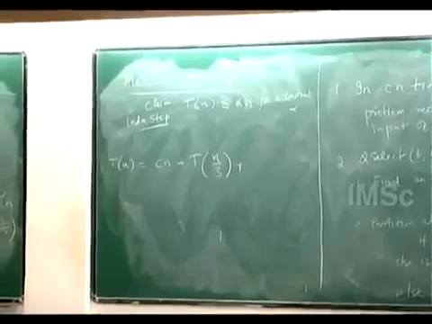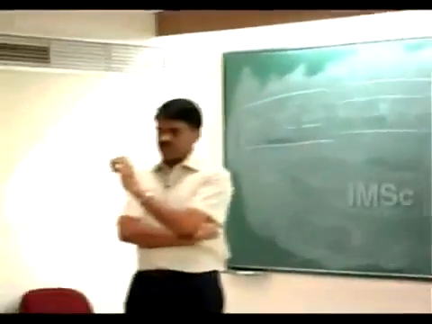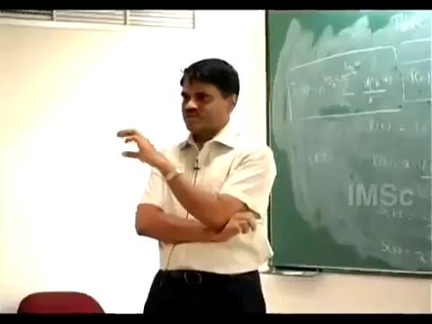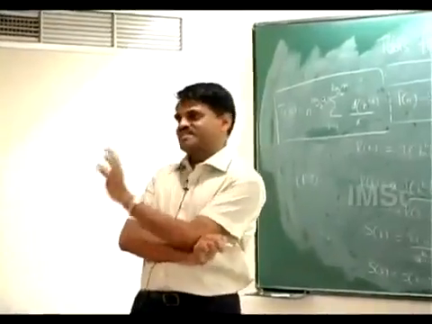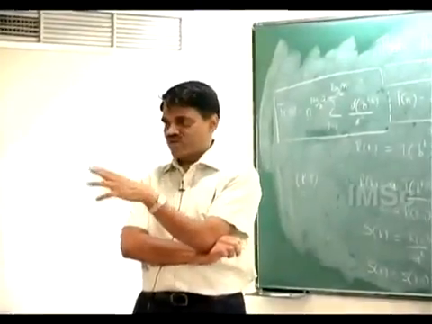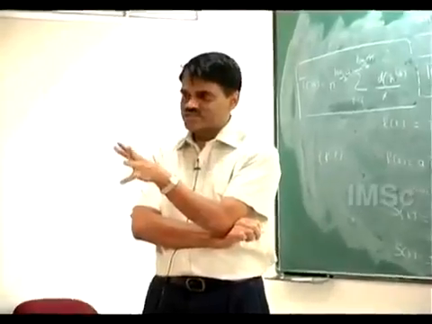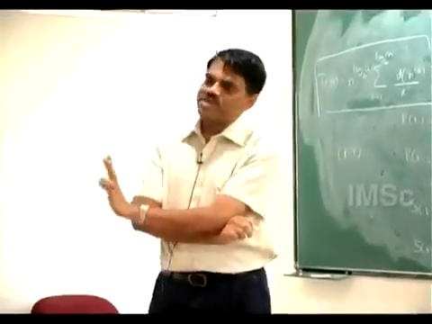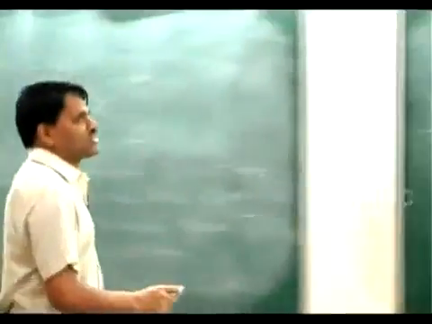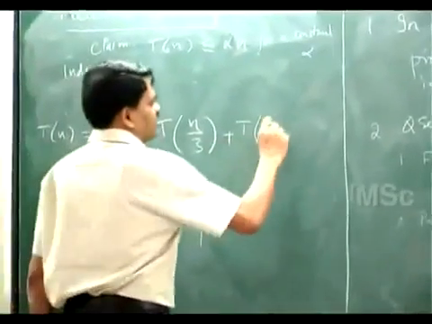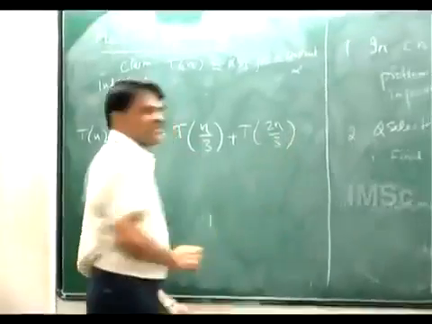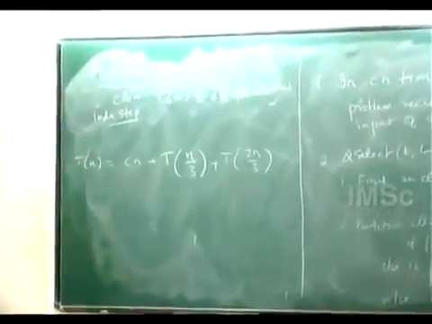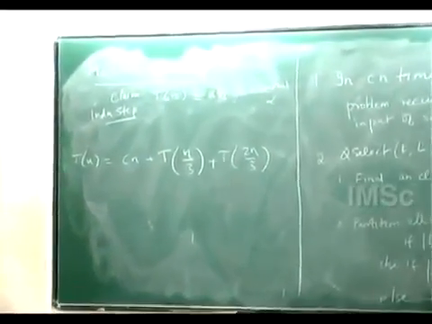Since it's a median of n by 3 elements, n by 6 elements are on each side and each has one more, so 2n by 6, it's n by 3 that you can guarantee to throw out, so 2n by 3 will be left. So what you have is this, and this doesn't give you linear because the fractions add up to exactly 1.